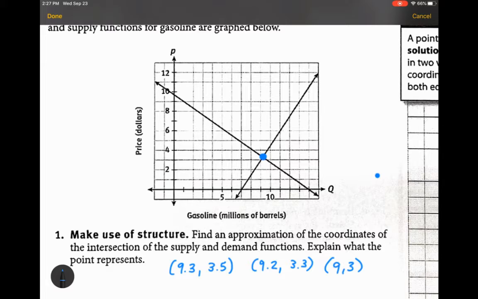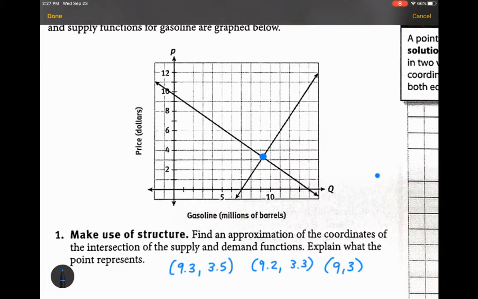Okay, so barrels of gasoline, right? Millions of barrels of gasoline. So that's not 9.3 barrels, that's 9.3 million barrels of gasoline, right? And then what's the 3.5? The price in dollars, so that's really like $3.50, right?